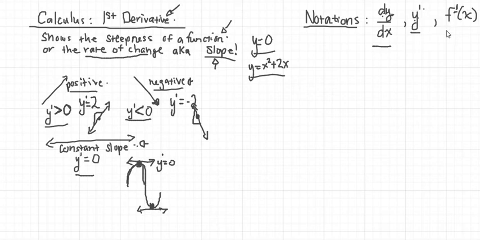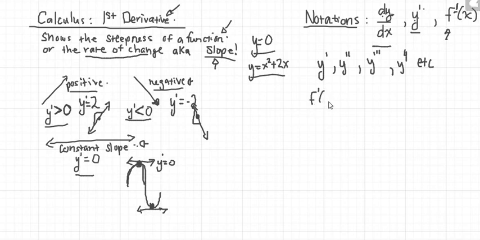There are different notations for your first derivative as well. So first derivative would be dy over dx, your derivative of y in terms of dx. The other form is your y derivative, so y to the 1. And then you have f of x, which is your function of x to the 1. Different forms of writing these, because there's so many different types of derivatives.